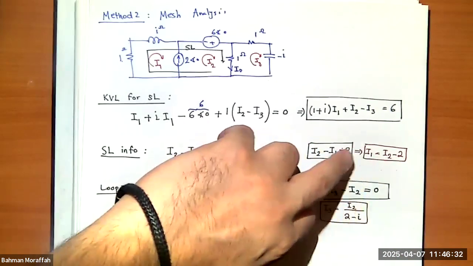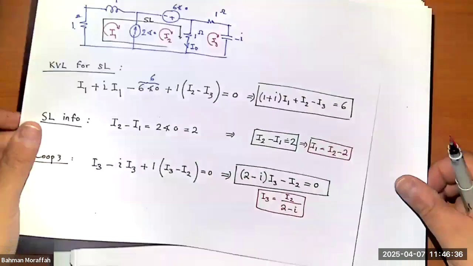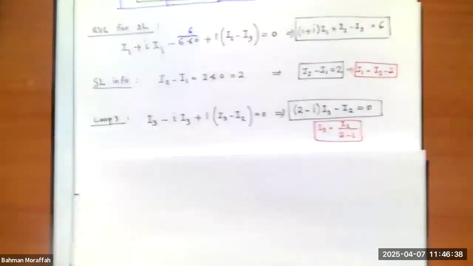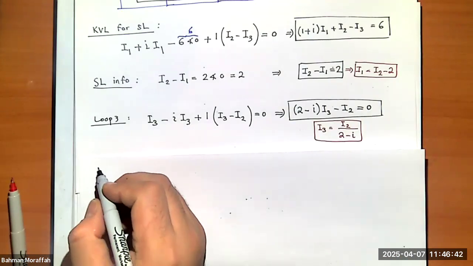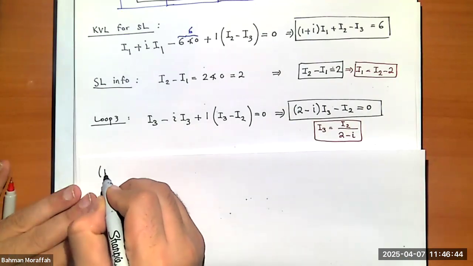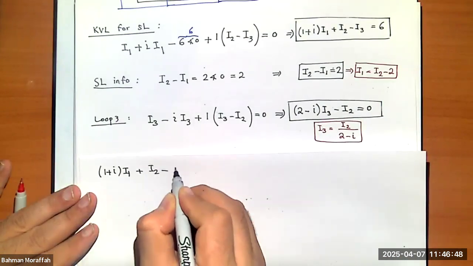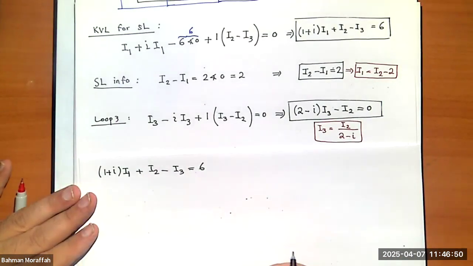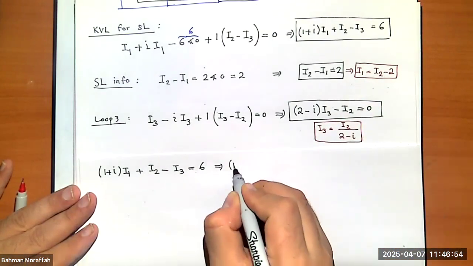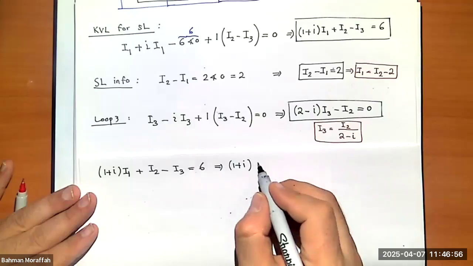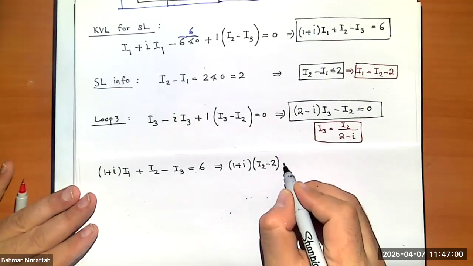Let's plug in I1 and I3 in here. So I have (1 plus I) times I1 plus I2 minus I3 equals 6. I'm going to plug in I1. So I have (1 plus I) times I2 minus 2.